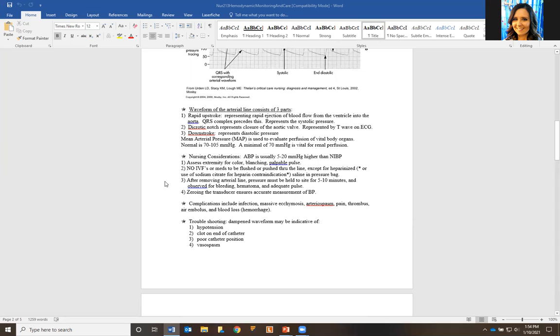Assess your extremity for color, blanching, make sure your pulse is still good in whichever artery it's in. If we're going to DC our A-line, we want to hold pressure for 5 to 10 minutes. Make sure we still have a good pulse and color and temperature of that extremity, but don't peek while you're holding pressure.